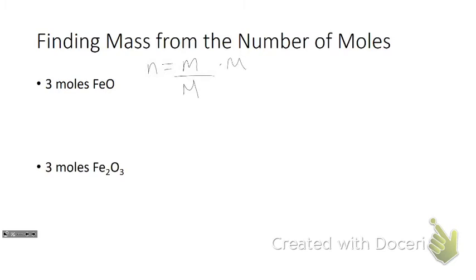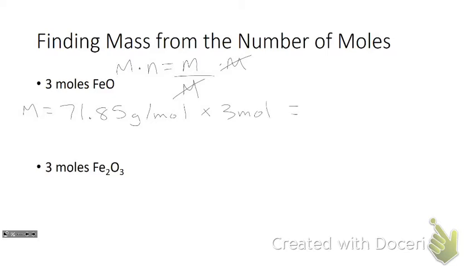So we'll multiply both sides, and now we're left with m. We calculated the molar mass of iron 2 oxide to be 71.85 grams per mole, and we have 3 moles present.